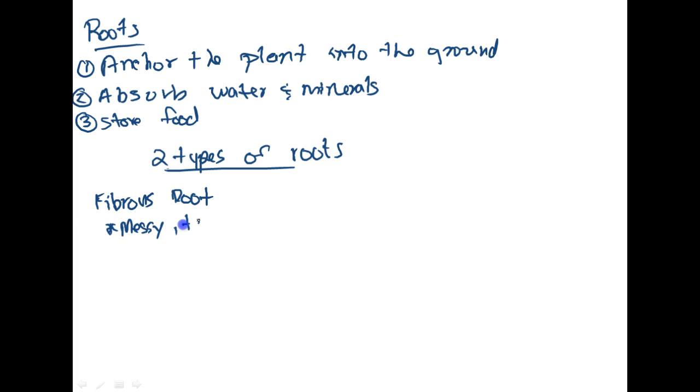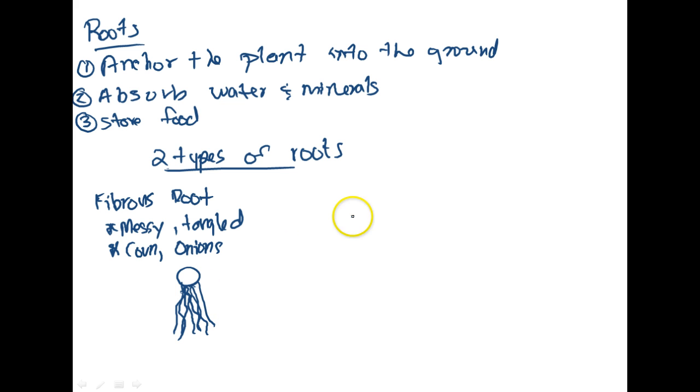They're kind of tangled, and you see these in corn and also in onions. And imagine that that's the onion, and it's going to have lots and lots of roots that are kind of tangled with one another.